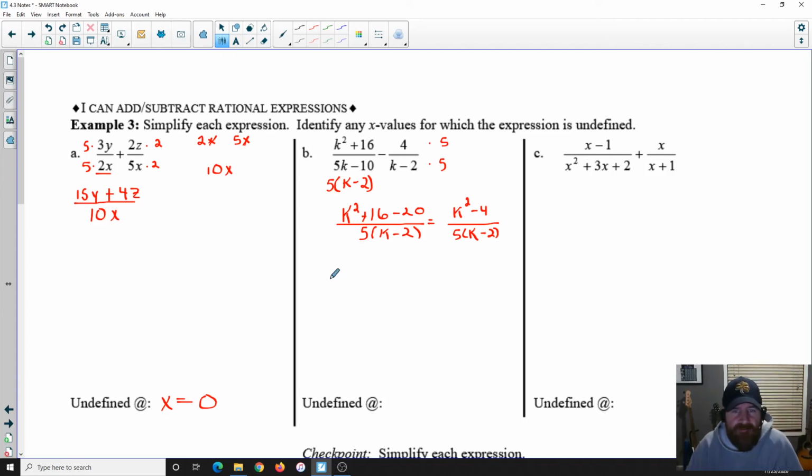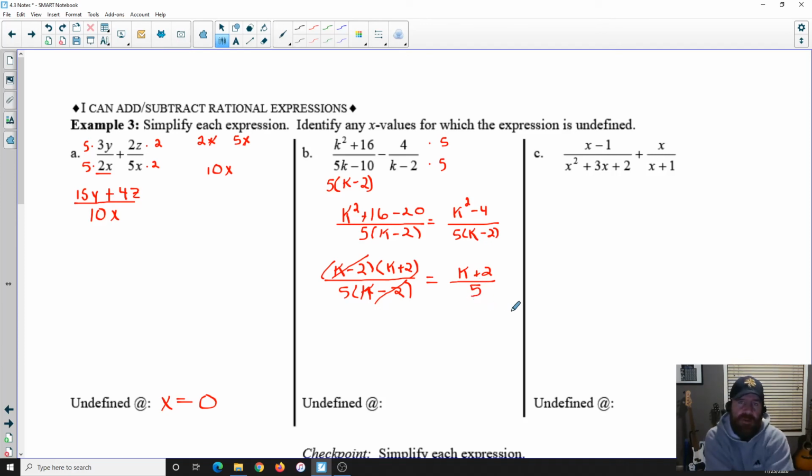So k squared minus 4 can be factored to be k minus 2 times k plus 2, and that's all over 5 times k minus 2. And then we see here that we can cancel out the k minus 2's and get k plus 2 all over 5.